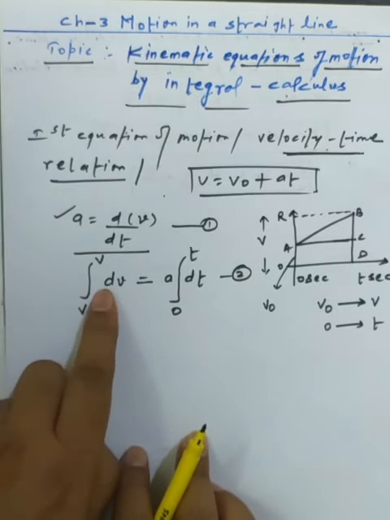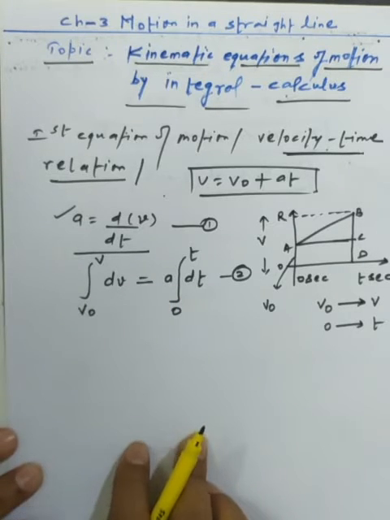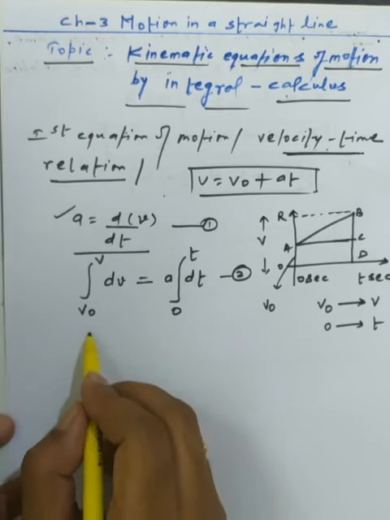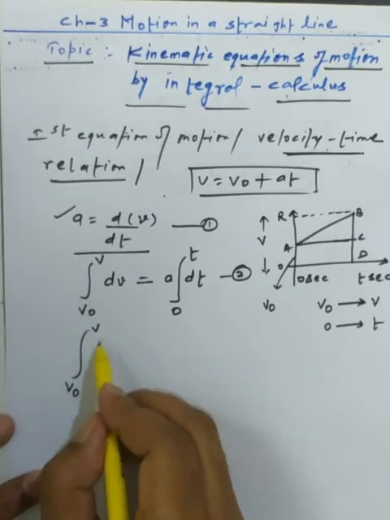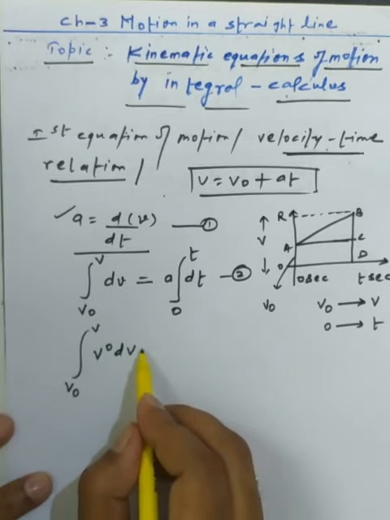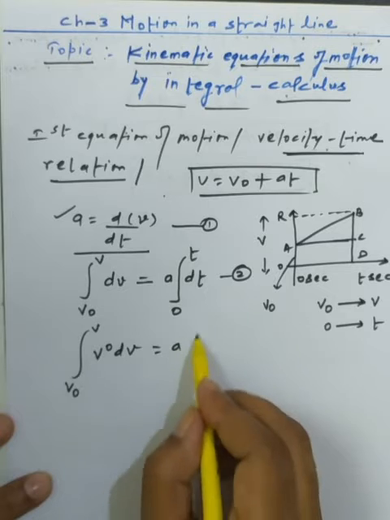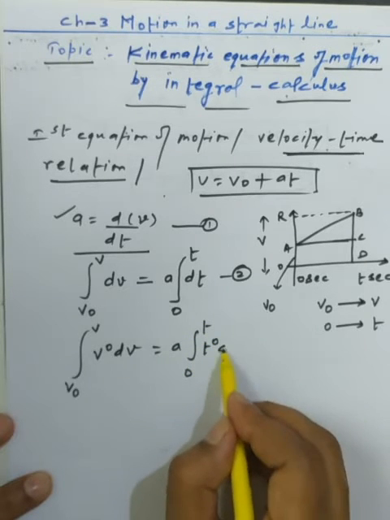Here there is no function on both sides, so what should we do? We use basic mathematics and create a function. I write v naught as v raised to 0, and simply its meaning is 1, dear students. Now for a, I also simplify by writing t raised to 0 and dt is there.